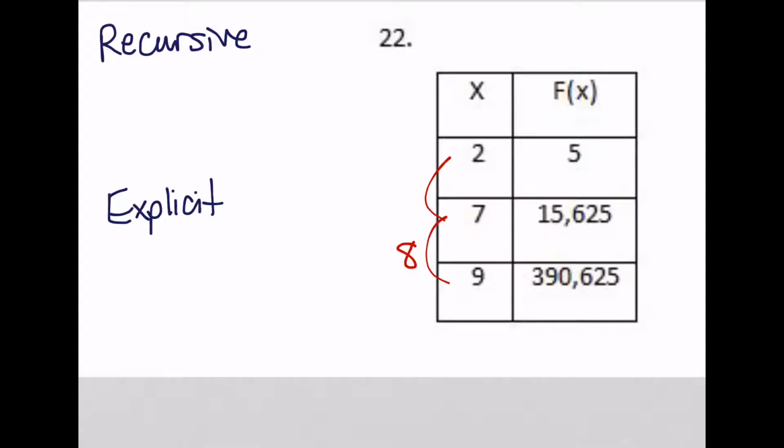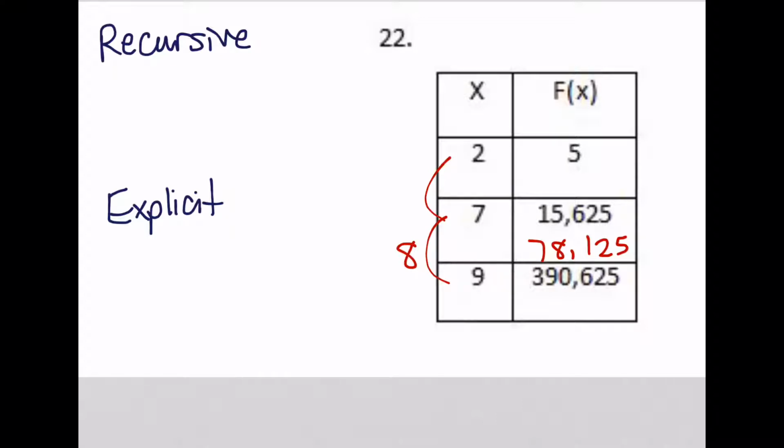But since everything ends in a 5, I'm guessing that timesing by 5 is a pretty good guess. And yeah, when x is 8, y would have been 78,125. So multiply that again by 5 and just make sure. Yep, 390,625. So that means that my pattern is multiplying by 5.